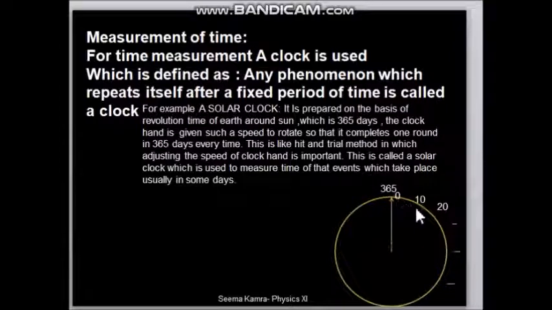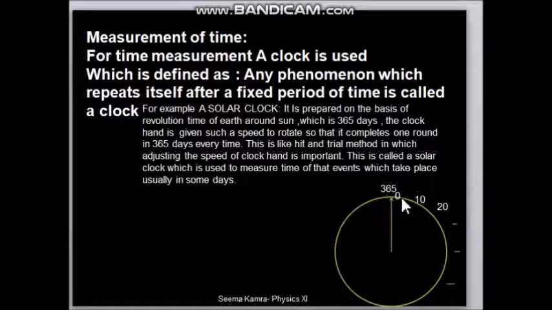Then it will move and move, and Earth is also revolving around the Sun at the same time. And when the Earth reaches back to that original position, this pointer also should reach back to its original position. So this hand is also taking 365 days to complete one round.